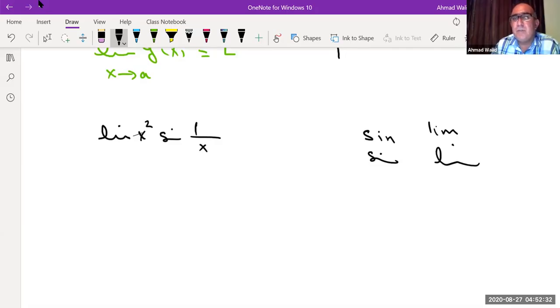This is sine, this is limit, okay? The limit of x squared sine of 1 over x as x approaches 0. They're asking you to show that this limit is 0. Show means prove that this limit becomes 0.